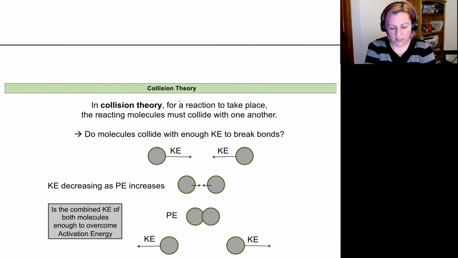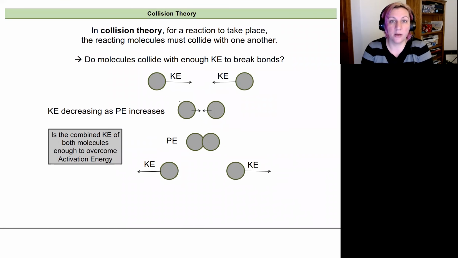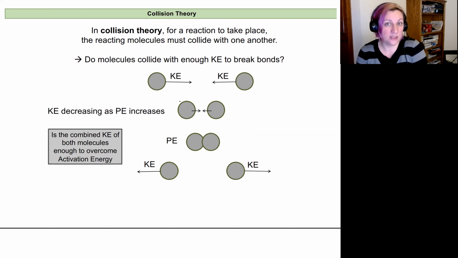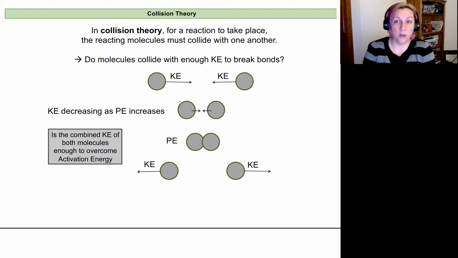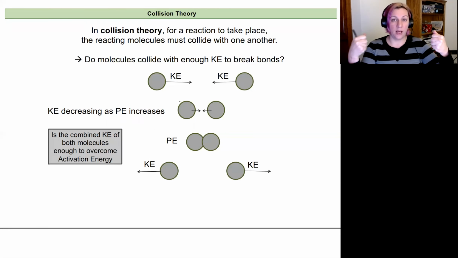So let's talk a bit about what happens in a reaction. And this is collision theory, something we talked about when we were discussing gases and gas reactions. So collision theory is stating that for a reaction to take place, the reacting molecules need to collide with each other. That we're really thinking about two atoms or molecules actually bumping into each other for a reaction to take place.